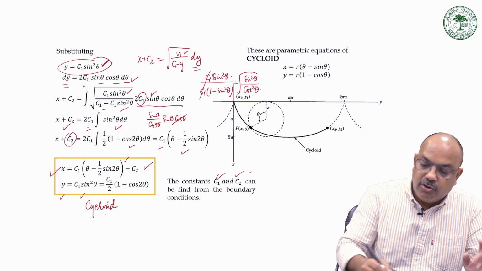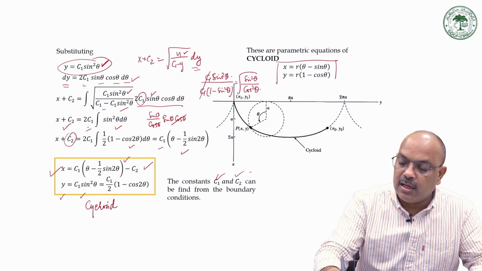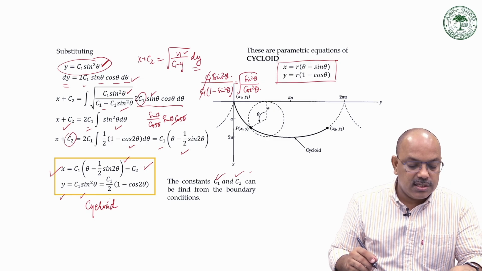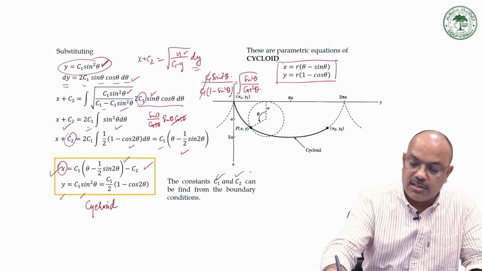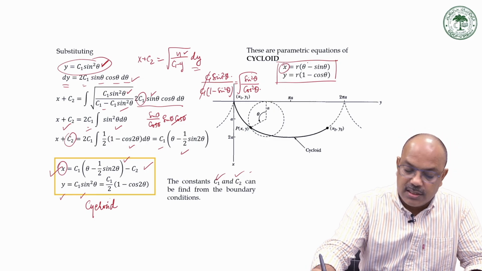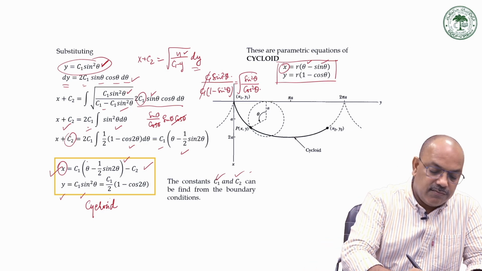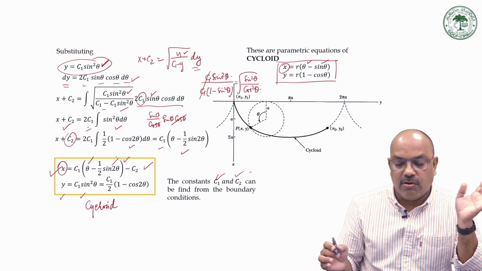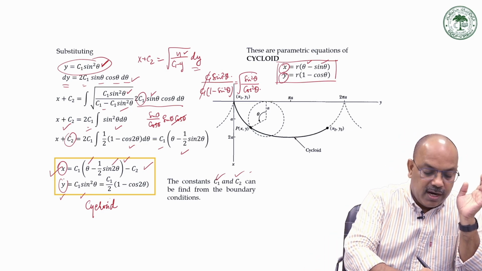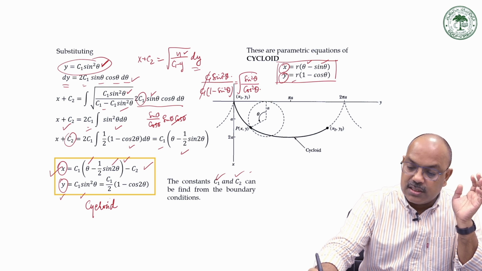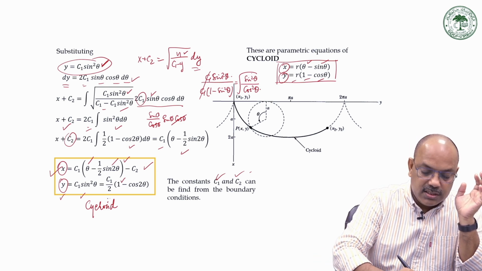So these are the equations of a cycloid. If you compare with the standard cycloid equations, x has theta and then sine theta, with everything else constant. Similarly for y, you have r times 1 minus cos theta, where r is constant.